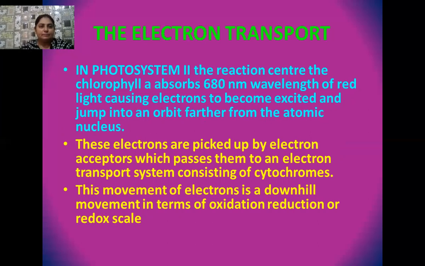As a result, two protons, that is 2 H plus ions, are formed along with 2 electrons, and half a molecule of oxygen is released. This oxygen gas is later released into the atmosphere, and the electrons evolved during this reaction are passed to the photosystem. So here I am telling you about the functioning of photosystem 2, or we are here studying the non-cyclic type of photophosphorylation, which is one type of light reaction.